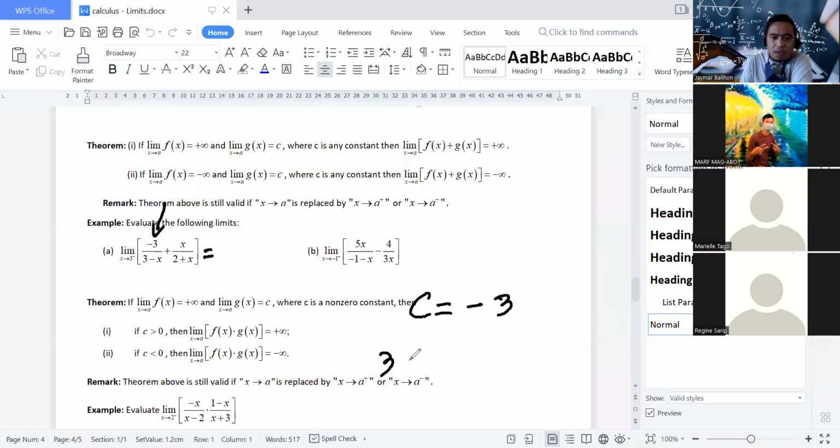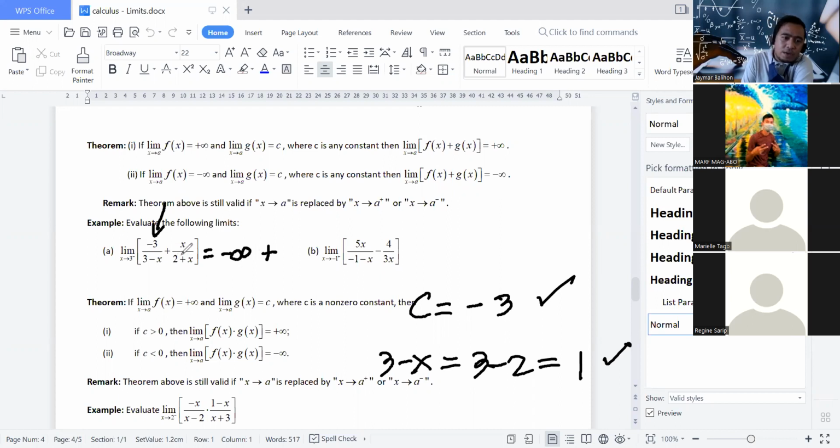So 3 minus x from the left-hand side of 3. If you say left-hand side of 3, 2, sir. So you may get 2. So 3 minus 2 is positive 1, right? So what's the answer for this portion? Negative, positive. So your answer should be negative infinity.